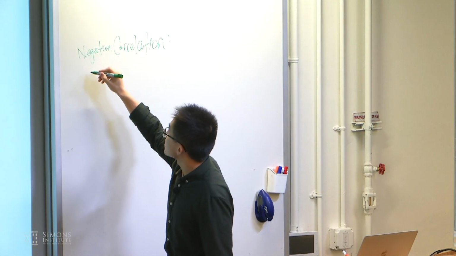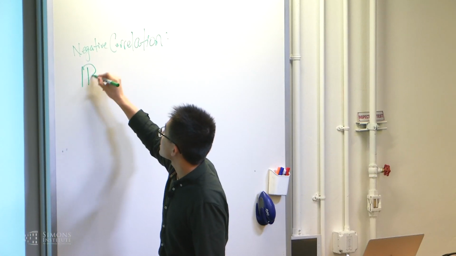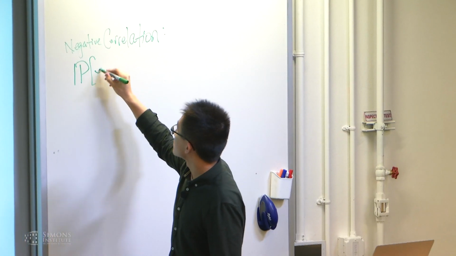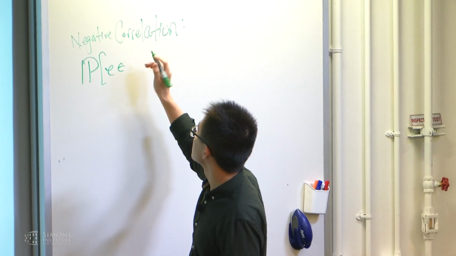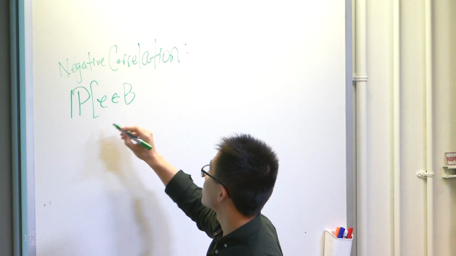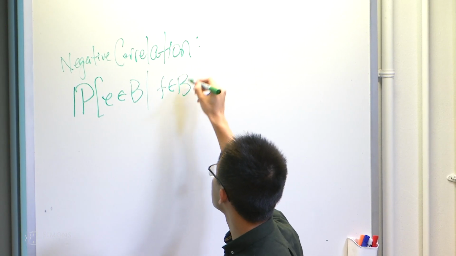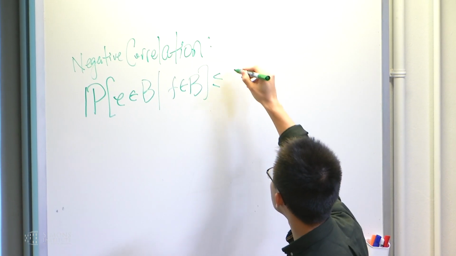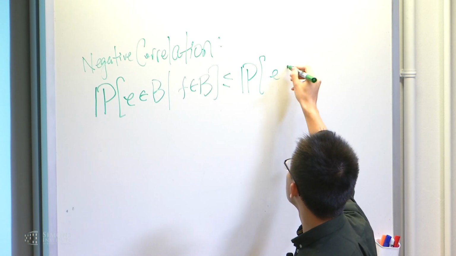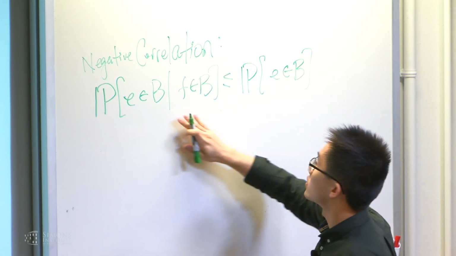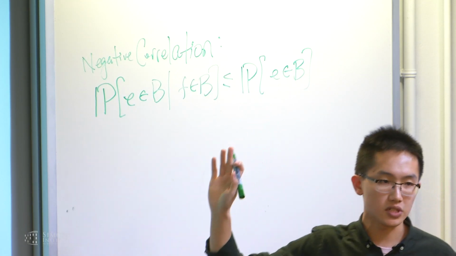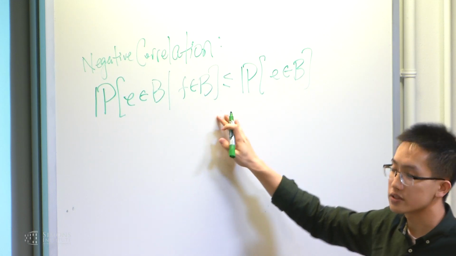Negative correlation is essentially the following inequality, which says that if you look at the probability of seeing an element in your uniform random base, conditioned on some other element being in your base, this is less than or equal to the probability if you had not seen f at all. This is called negative correlation.